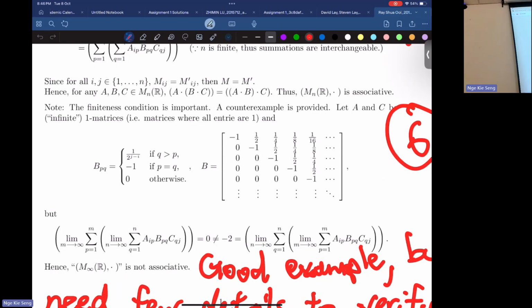So this class is, I would say, above average, at least from assignment 1. You have to work really hard, otherwise you will be overtaken by your classmates.